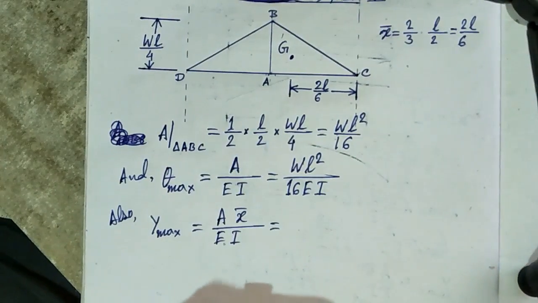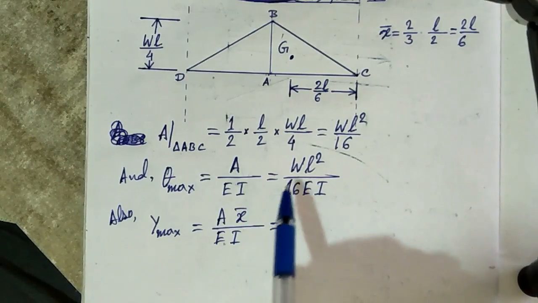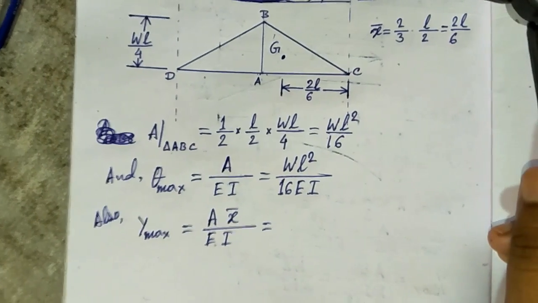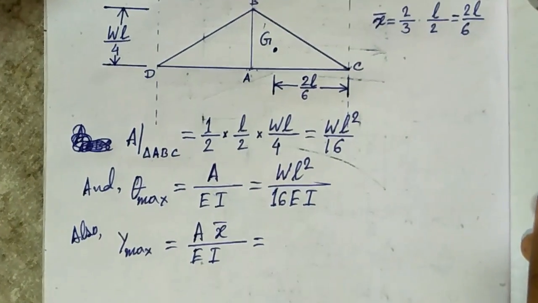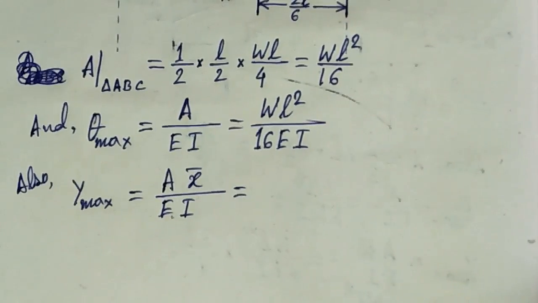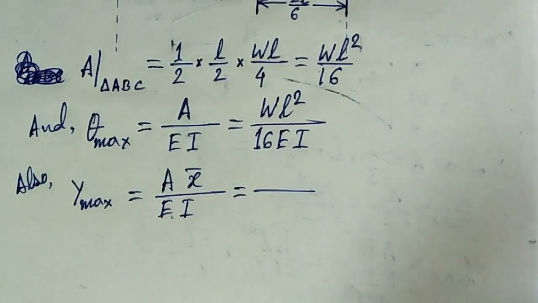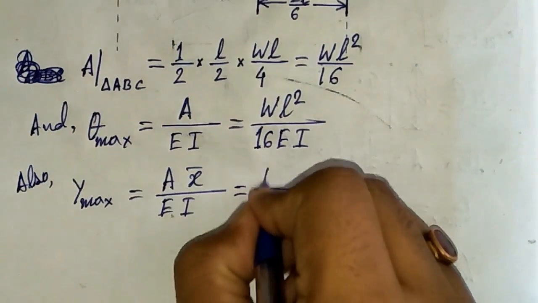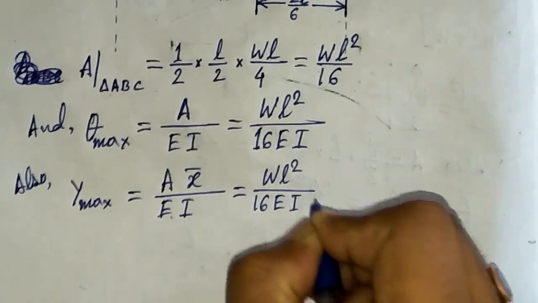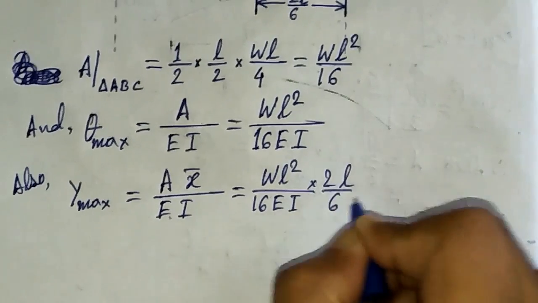Since the x bar value is already calculated, that is 2L by 6, and the A value is WL square by 16, we can substitute the values into this equation. That means WL square by 16 EI into 2L by 6.